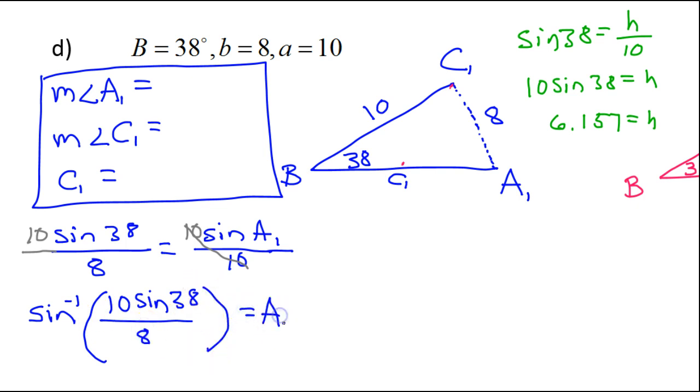And that will give me angle A1. Put all of this in your calculator at once. That turns out to be 50.316. To find angle C, we subtract both of these from 180. And that is 91.684.